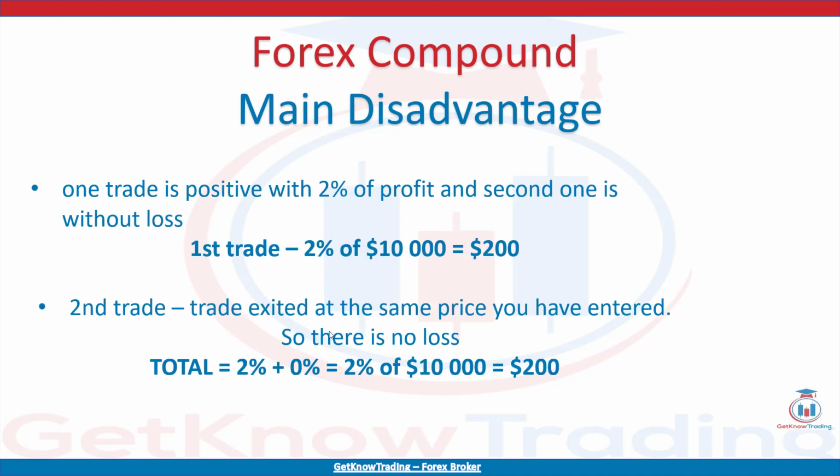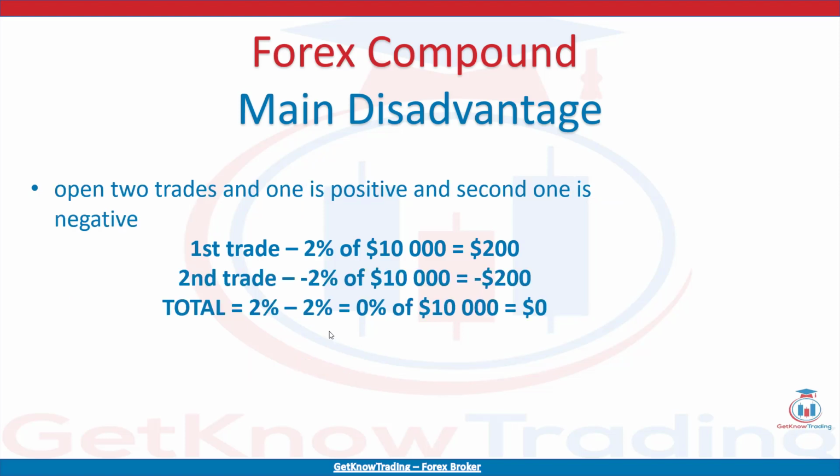In the second case, when one trade is positive with 2% of profit and the second one is without loss, we have first trade, 2% of $10,000 equals $200, and second trade, that is a trade exited at the same price you entered, so there is no loss and there is no profit. In total we have 2% plus 0% equals 2% of $10,000, which gives us $200.